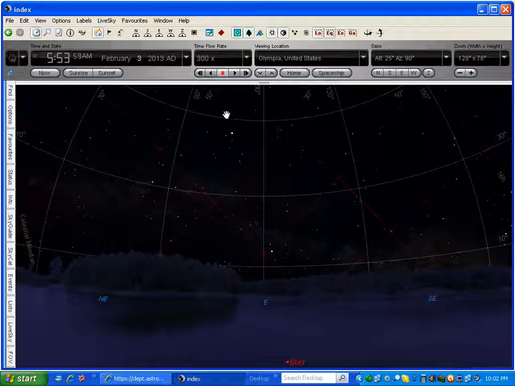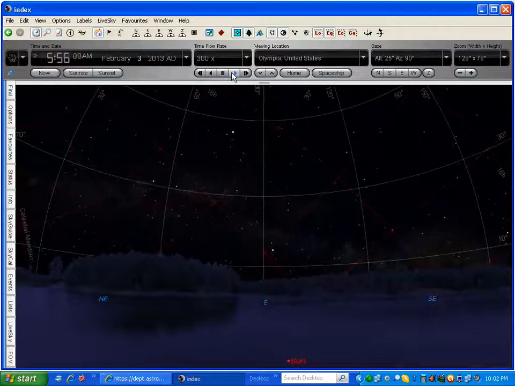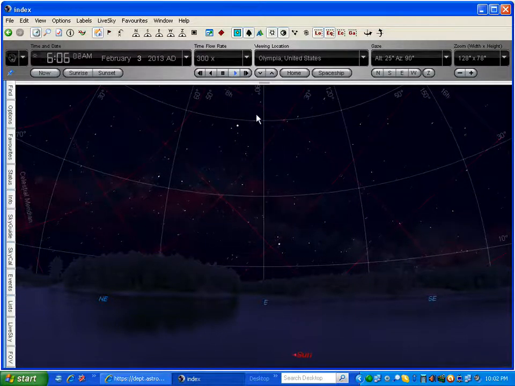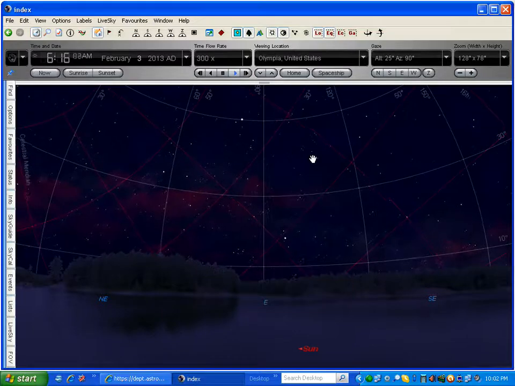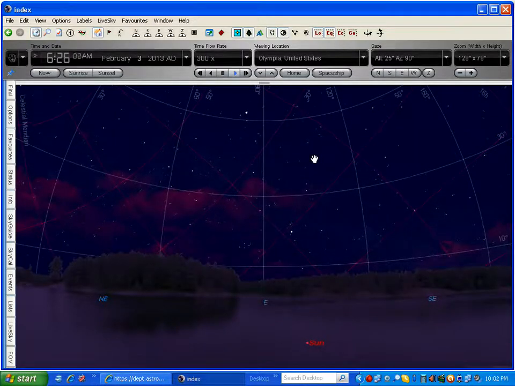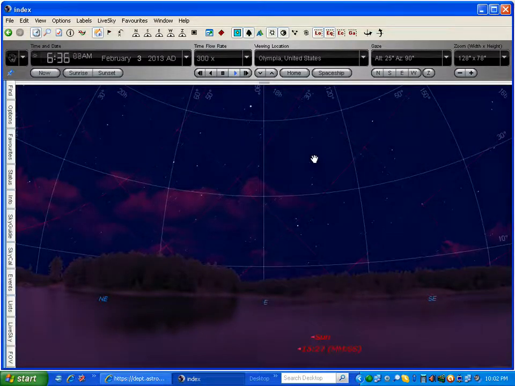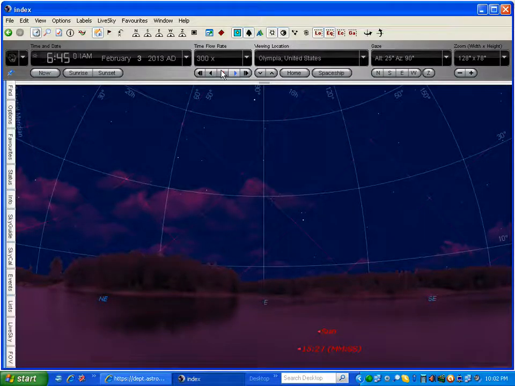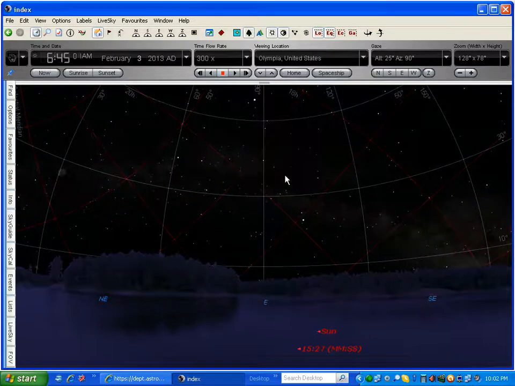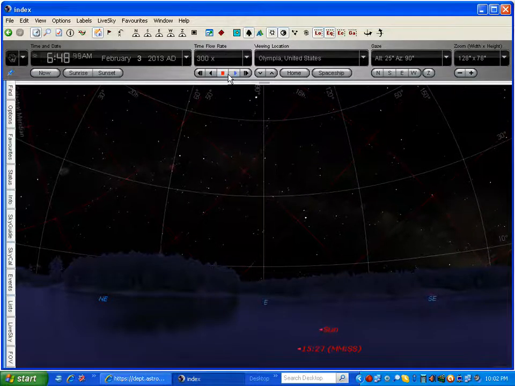And if we let it move a little bit, you can see that the stars stay fixed with the equatorial coordinate system. That was a satellite that just went by. Satellites move around. And I'm going to turn off the sunlight. You can see that the stars are fixed relative to the equatorial coordinate system, but they move relative to our local coordinate system.